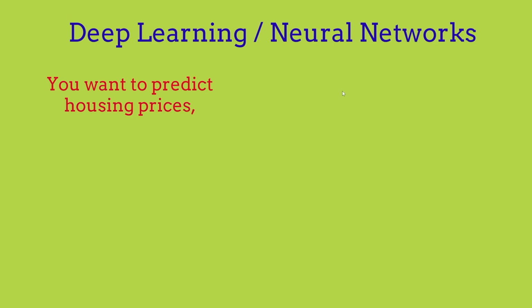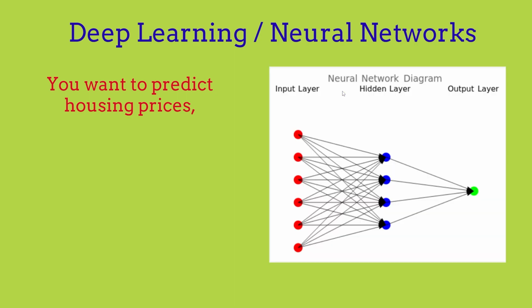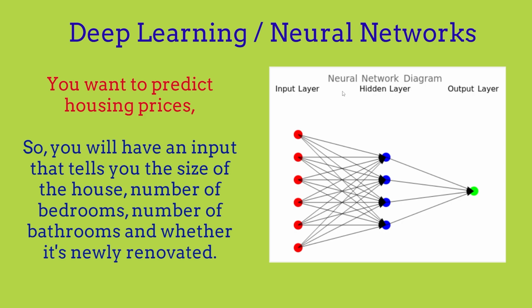Now let's connect this back to housing prices. Let's say you wanted to predict housing prices again. We're going to use the same diagram once again. You have to take an input, such as the house size, the number of bedrooms, the number of bathrooms, and whether it's renovated or not. These would all be considered the input layer. The output layer is still the price of the house, and the hidden layer can be many different things in this case.